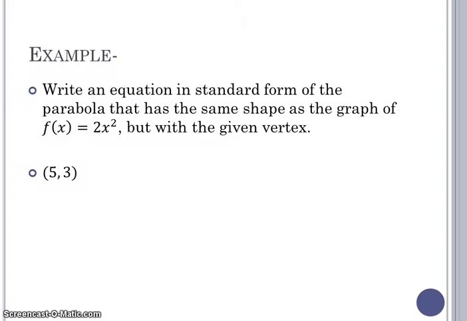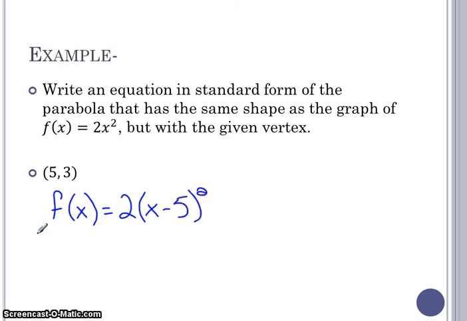So is that 2 going to be part of our equation? No. Yes. You said that so definitively too. But yeah, it is. So that 2 is telling us essentially our a. So where does a go in that general form? First, so it'd be 2 parentheses x minus 5 squared plus 3. Yep.